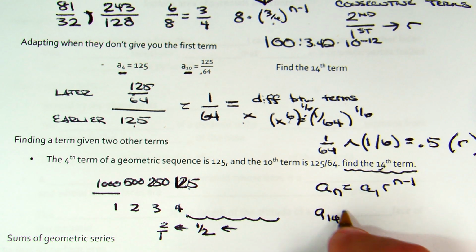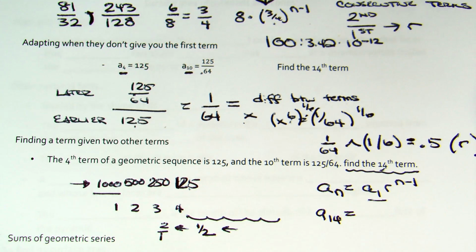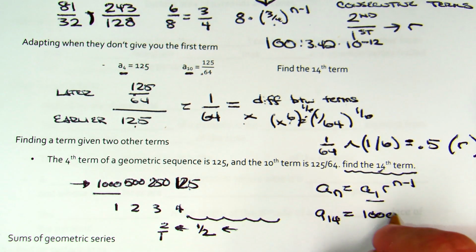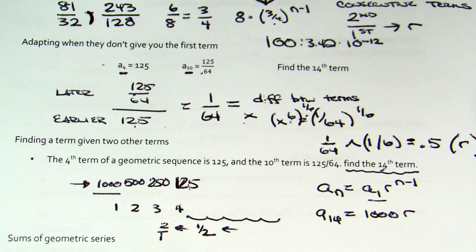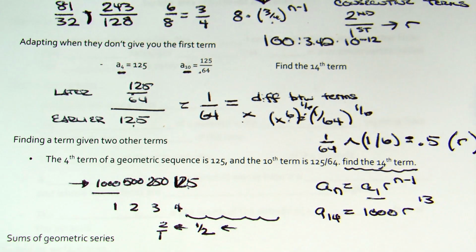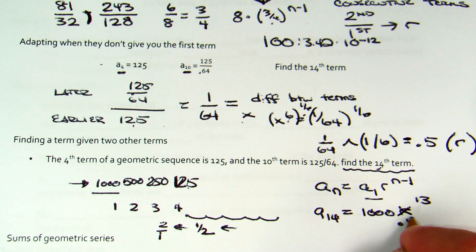A to the 14 equals a to the 1, which we computed to be what? 1,000. And if I plug in 14 to n minus 1, what's 14 minus 1? 13. And then what in the initial part of the process do we calculate r to be? 0.5.